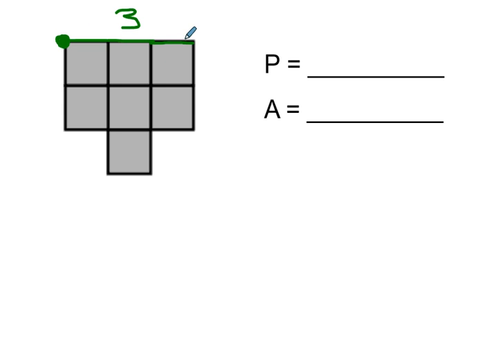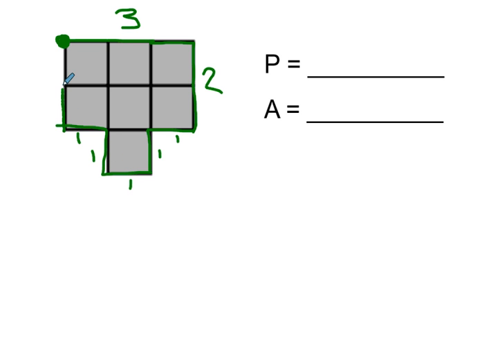So that length is 3. There's 1, 2 centimeters there. And then going all the way around, I have to touch each edge, right? So there's 1, and there's another 1. 1 and 1. There's 1 centimeter, 1, 1. So I'm making sure I'm writing them all in.